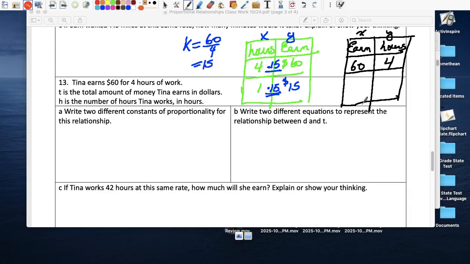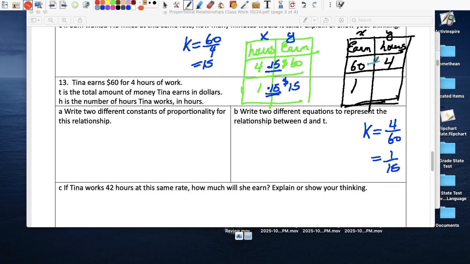So what if I earned $1? How many hours did I work? Well, that's kind of weird, but that's what this is going to be talking about. So let's find a constant of proportionality. K equals, this time we're not doing 60 by 4, we're going to do 4 over 60, which is 1 over 15.